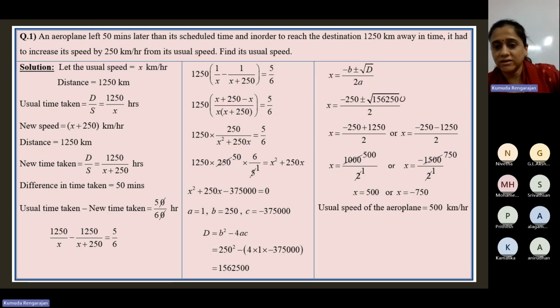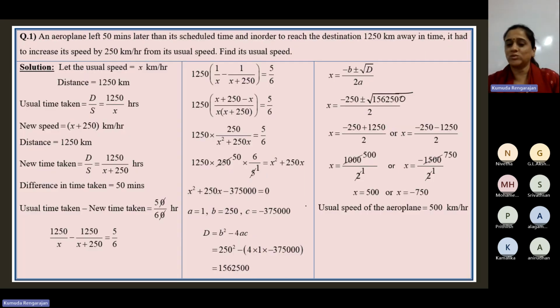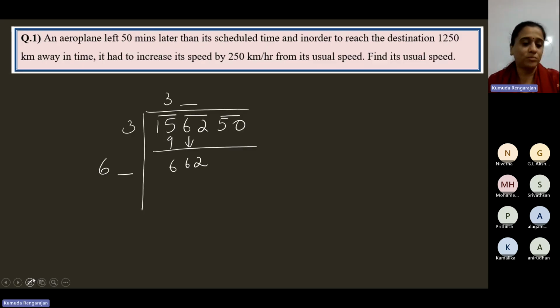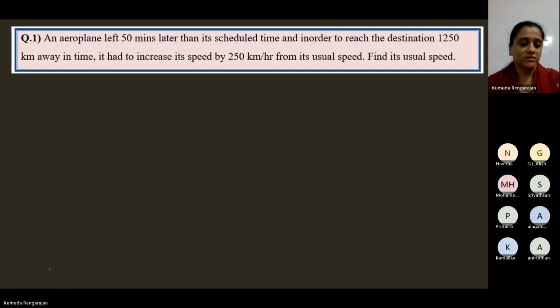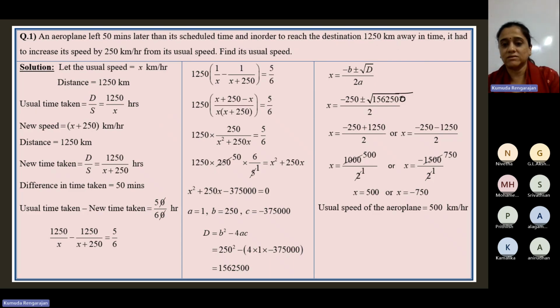Did you note that? 1562500 it is. That's what I'm wondering, because I'm getting a 3 first, and here it's 1250. While typing, I missed to type 10, children. So my grouping is... see, nobody could make out that mistake.